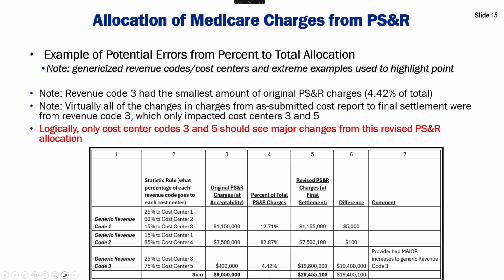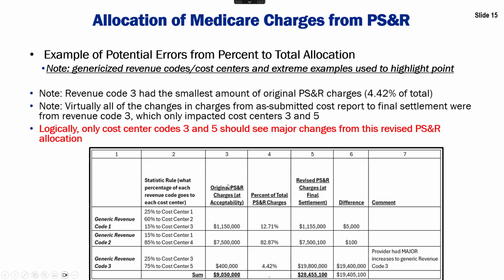And they probably have some statistics to back this. Whatever they've done, this is what the result is. Revenue code 2, 15% went to cost center 1, 85% went to cost center 4. And then revenue code 3, it was a 25-75 split. Revenue code 3 only impacts cost centers 3 and 5.